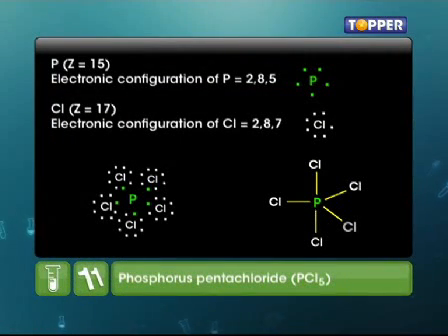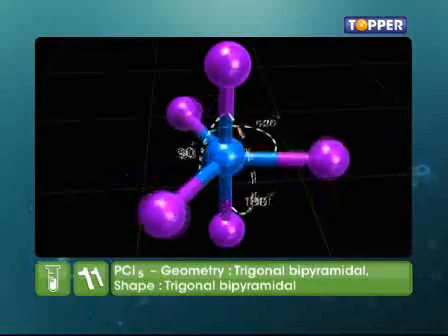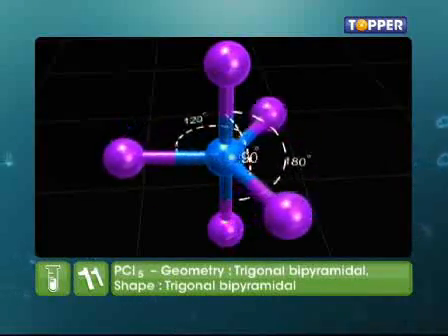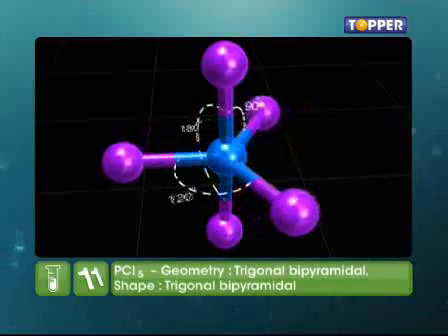As you can see, it has no lone pair of electrons. So, there are 3 equatorial bonds at an angle of 120 degrees with 2 axial bonds. The geometry is trigonal bipyramidal.